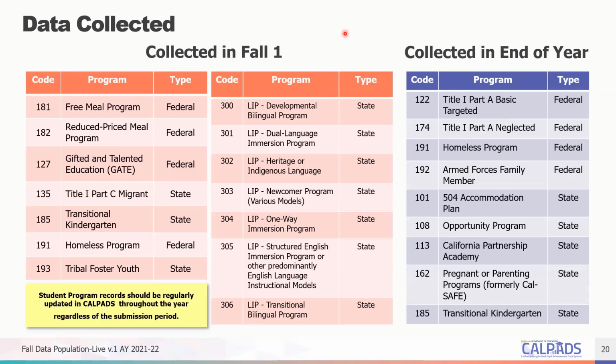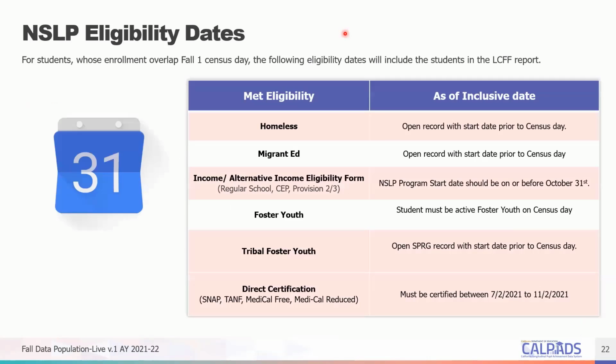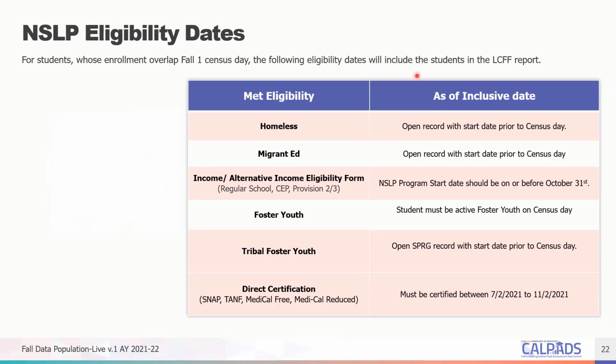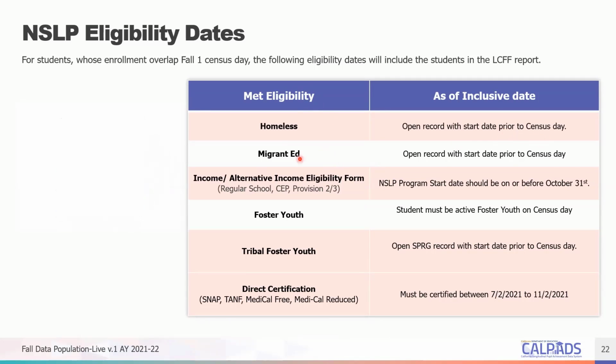But take note too that the dates of this program eligibilities will matter on what CALPADS will collect in your certified data. So make sure any homeless student that is actively enrolled on census day, which is 10/6 this year, and with the homeless record on or before census day, will be collected.